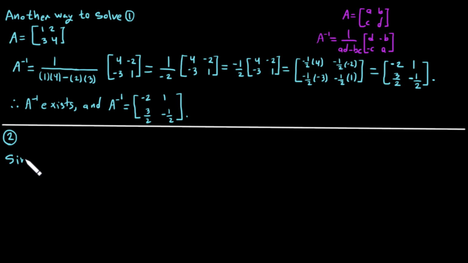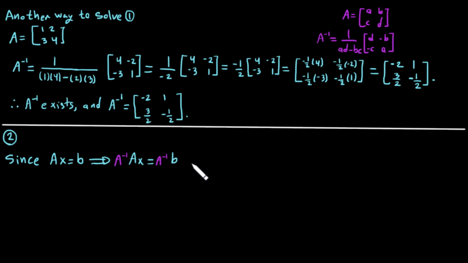Since AX equal B, then we can multiply both sides from the left by A inverse. Let's change the color. So we want to multiply by A inverse. Here AX equal, and here we want to multiply from the left as well.